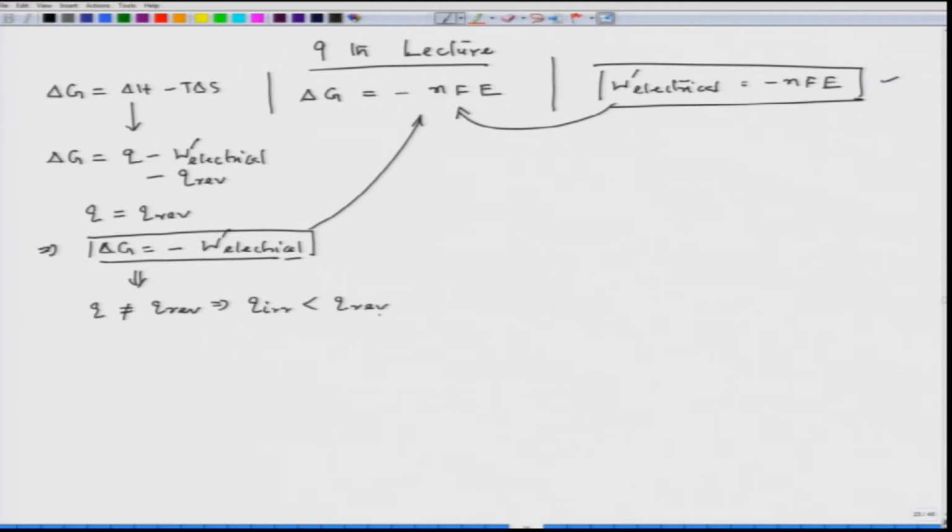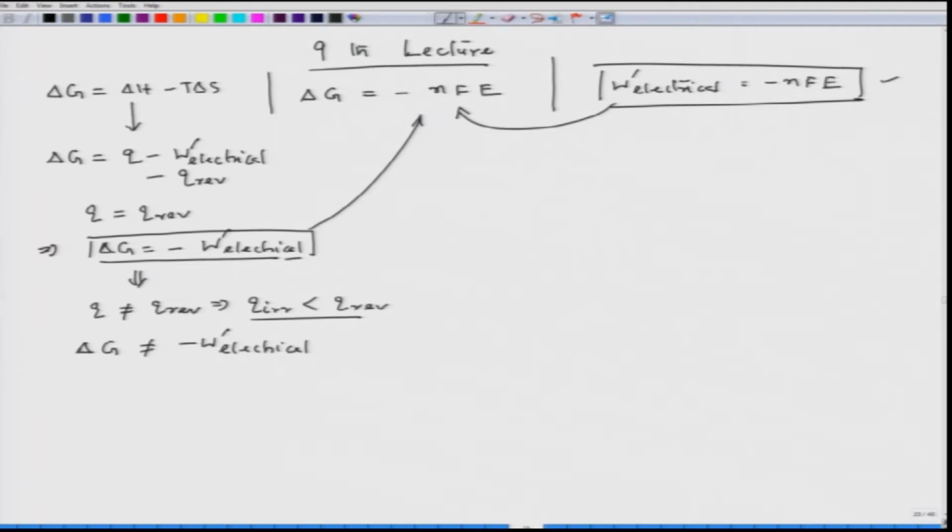The reversible heat is more than the irreversible heat. Now, we are considering that the system is going irreversibly, that means there is a spontaneous process. Now, once we have this relation, then delta G is not equal to minus W prime electrical work.